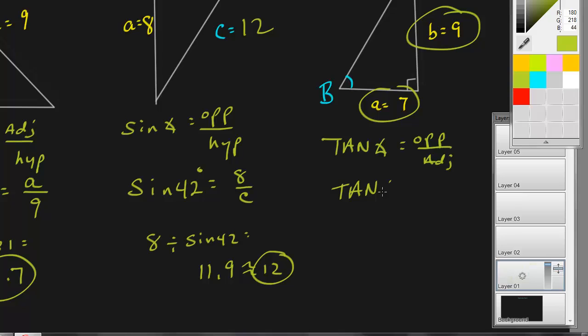The tangent of angle B, so you replace that with the information here, is what over what now? What would go on top? 9, and on bottom? 7.